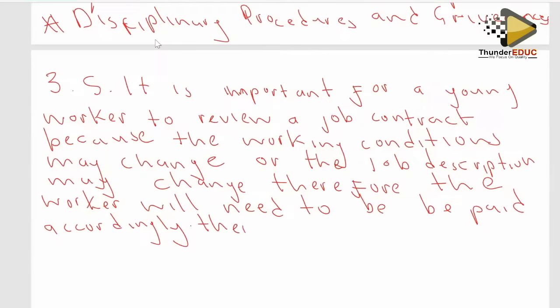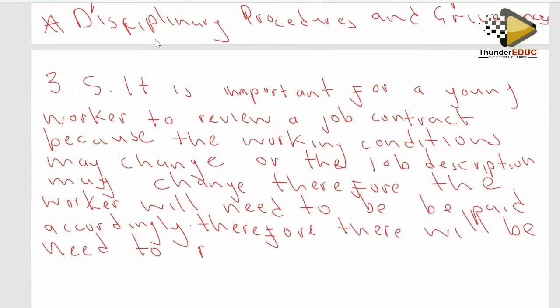Therefore, there will be need to renegotiate the salary. So that is one thing.